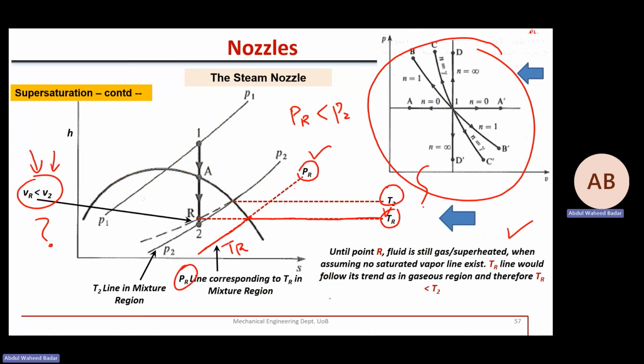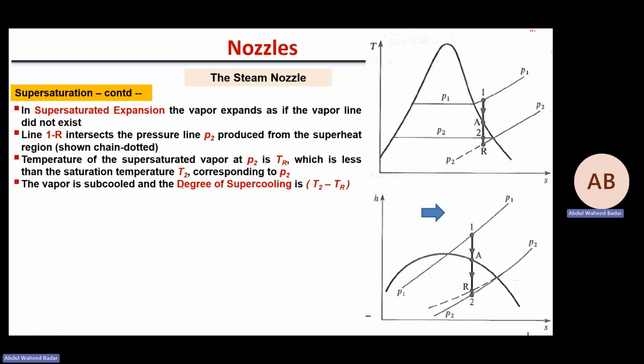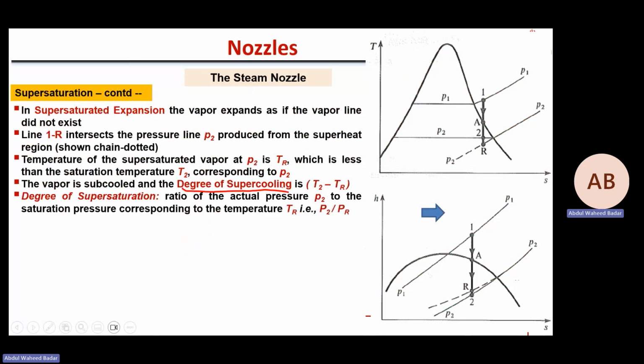Here we are defining one more thing. One was degree of supercooling, another is degree of supersaturation. P2 over PR. What is PR? PR corresponds to that TR, but if we imagine it going like this, under normal condition. So this P2 over this PR is called degree of supersaturation.